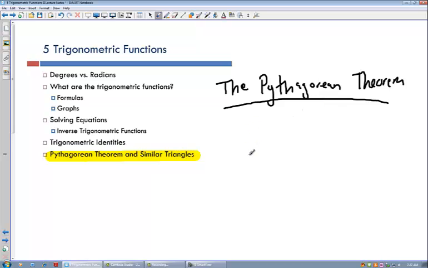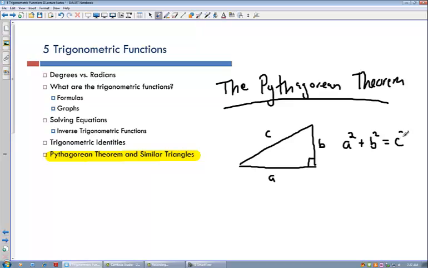It basically just says, hey, if you have a right triangle, so here's my right triangle, and we label these sides A and B and the hypotenuse C, there's a relationship here, and the relationship is that if you square side A and you add the square of side B, you get the square of the hypotenuse. So hopefully you know that.